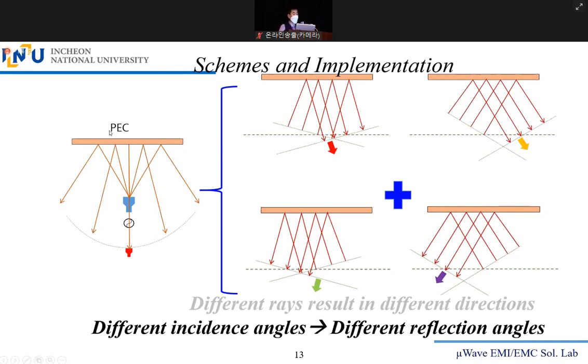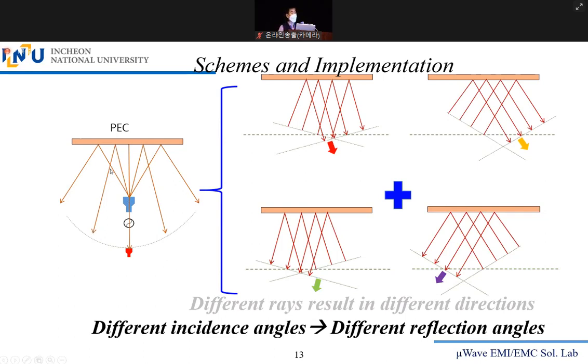But PEC, that's why I put perfect here. P, perfectly electric conductor, copper, aluminum, gold, silver, whatever, or platinum like that. Anyway, the blue horn antenna is transmitter and the red horn antenna is receiver. It can move to detect the rays, and it is what happens in the real antenna test chamber.